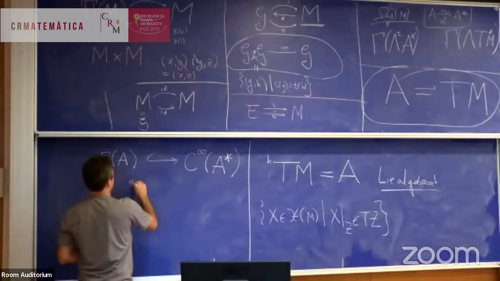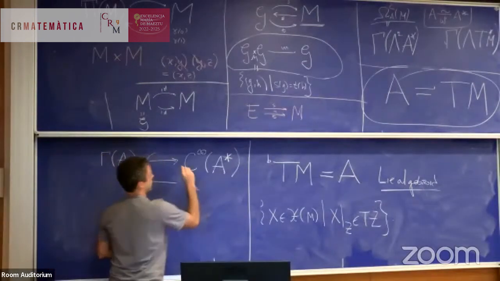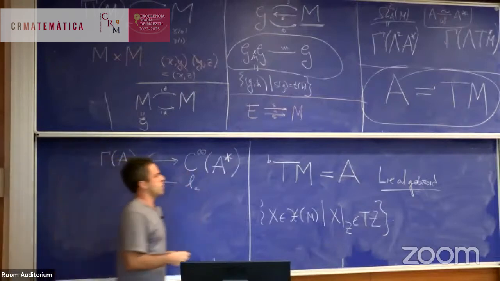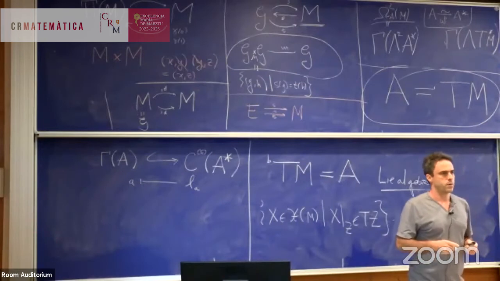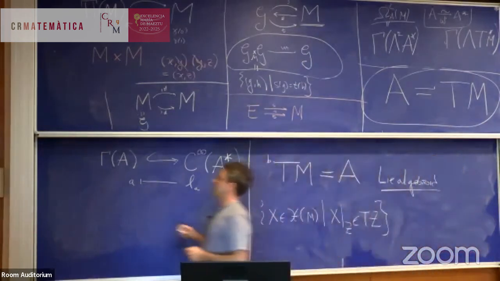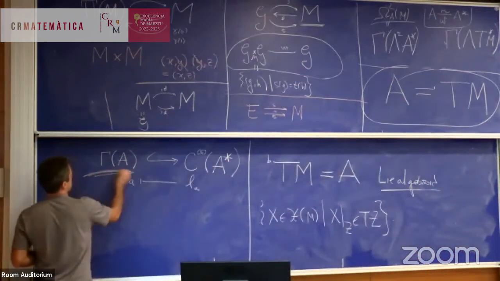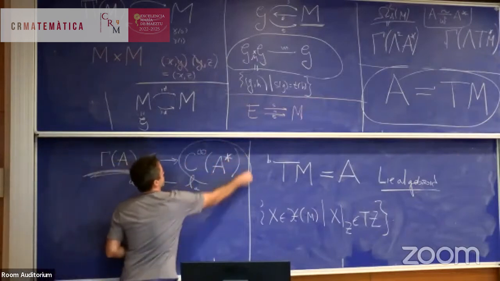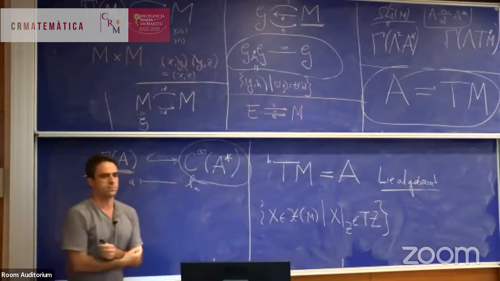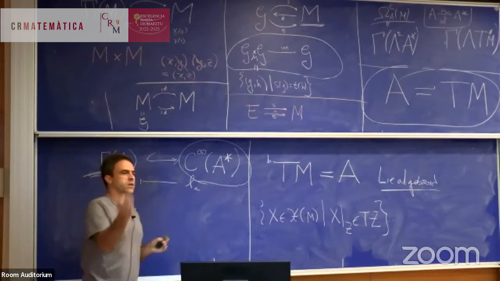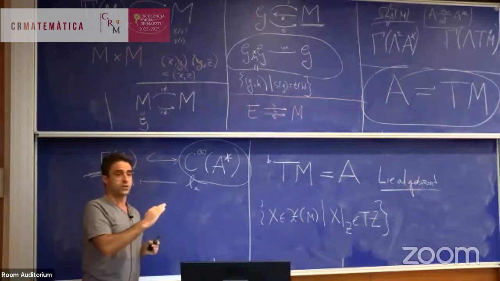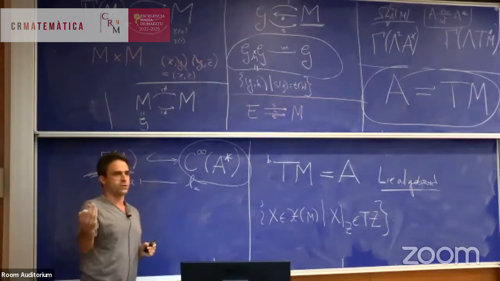And I'm calling this map LA. And that's the formula for the Poisson bracket in terms of the Lie bracket and anchor. Okay, what I'm saying is that you can turn a Lie algebroid structure here into a Poisson structure here with some properties. And this turns out to be very important. There's a duality between Lie algebroids and Poisson structures.